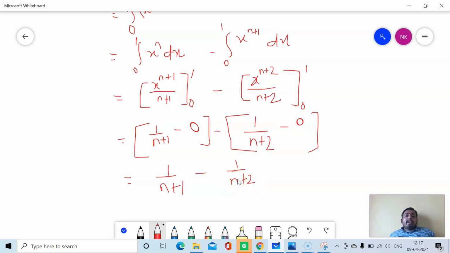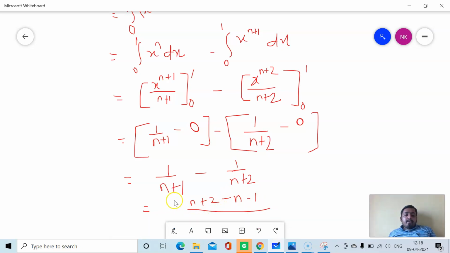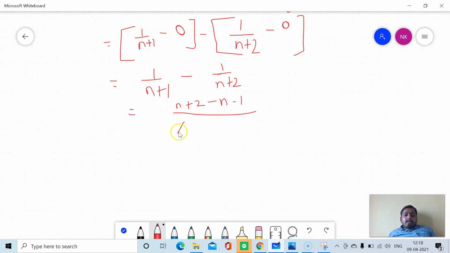1 upon n plus 1 minus 1 upon n plus 2 is equal to, by cross multiplication, n plus 2 minus n minus 1, divided by the denominator n plus 1 into n plus 2.